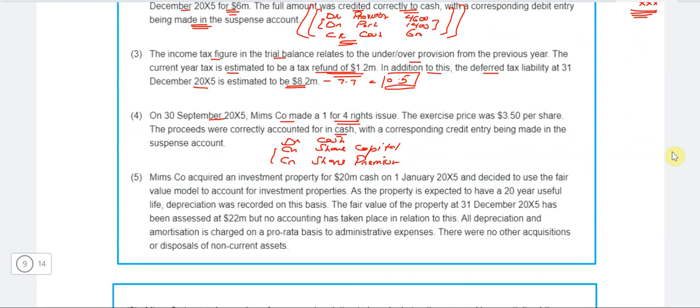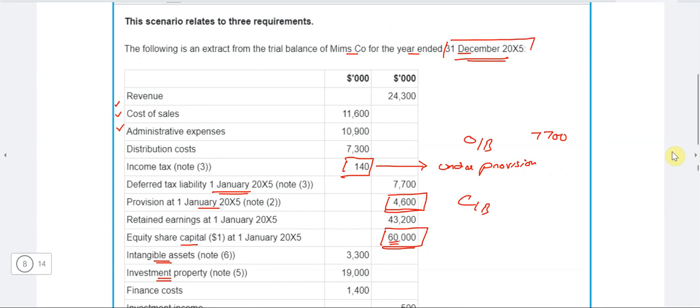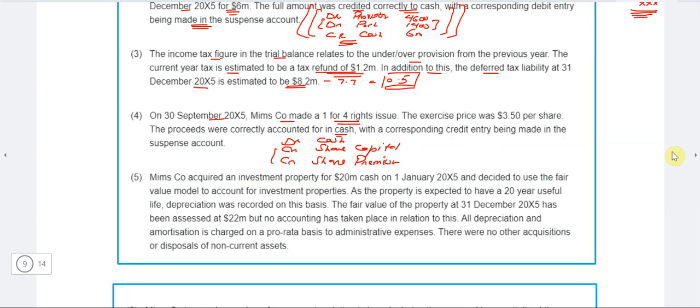Okay, so how can we simply calculate that? You can see the balance is 60,000 and the shares are $1 shares. So that means the total shares are 60,000.